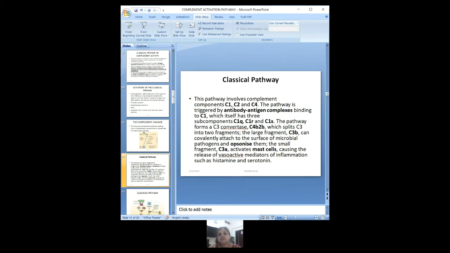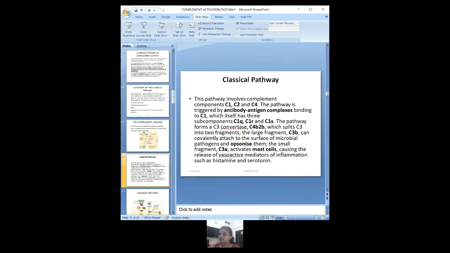The classical pathway involves these components: C1 component, C2 component, and C4 component. The C1 component is actually a complex. It is a 774 kilodalton protein complex.